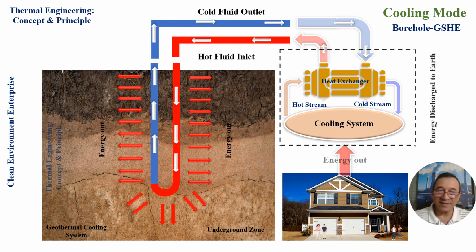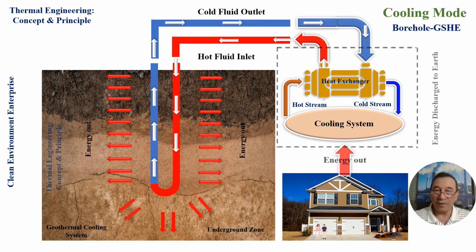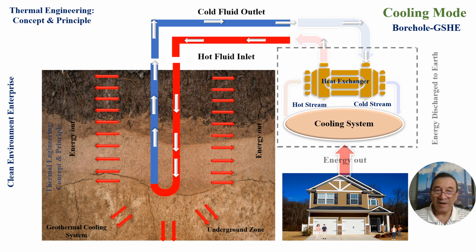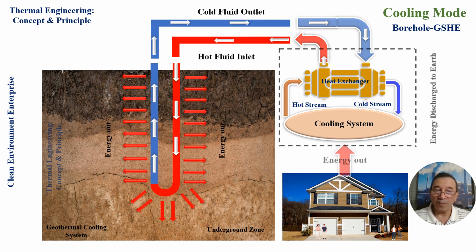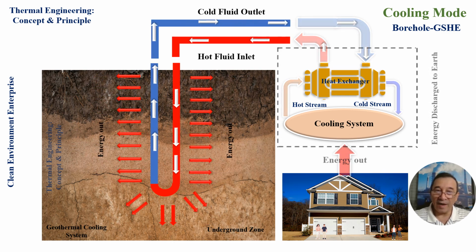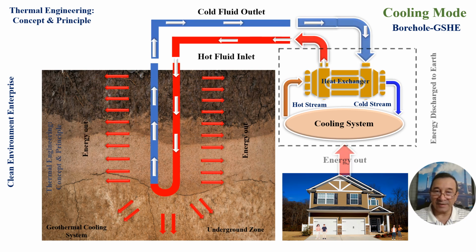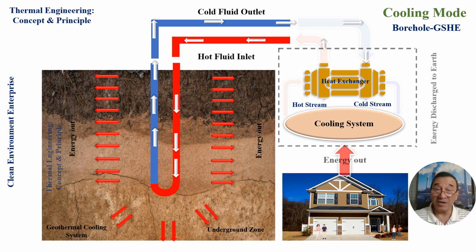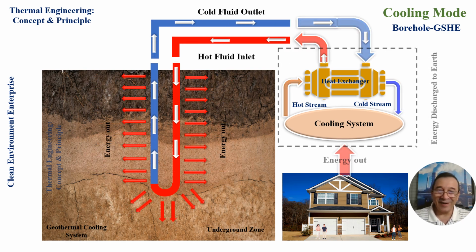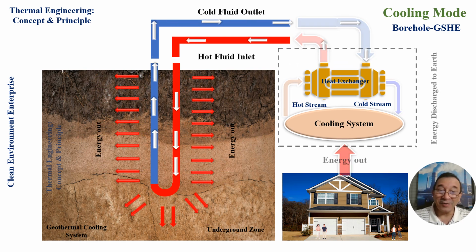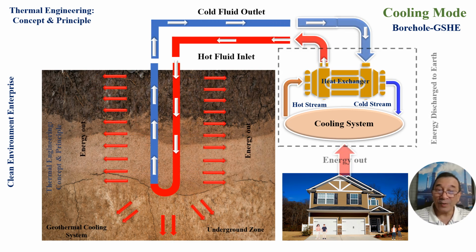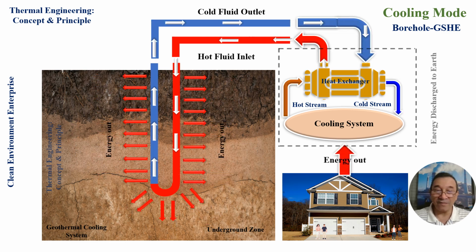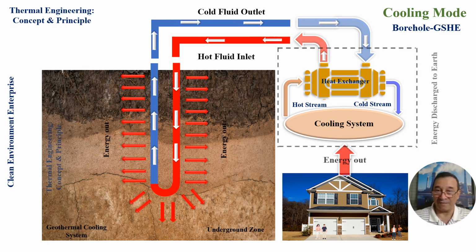Here we can see that the hot fluid returns back from the heat exchanger and passes through the borehole on the red side, which rejects energy to the ground to cool down and returns through the blue line to the heat exchanger. And this heat exchanger is a part of the heat pump itself.